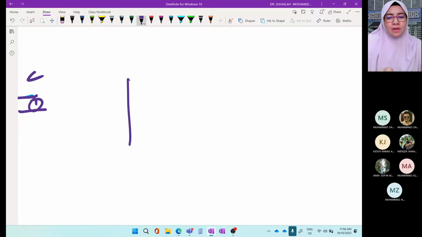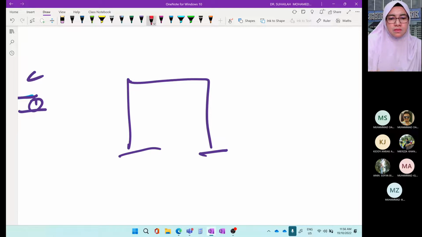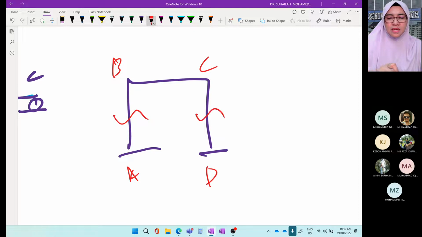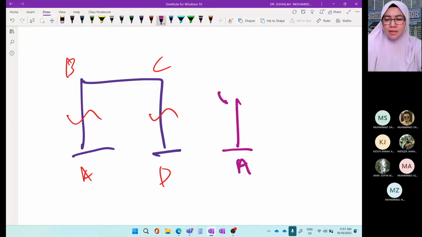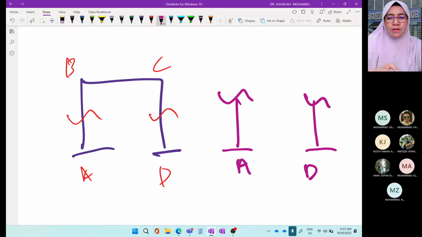Bila frame macam ni, frame, cut section dekat sini. Okay, ramai yang maybe buat mistake macam ni. Ini A, ini D. Moment for A like this. Moment for D macam mana? Sama dengan A ke?